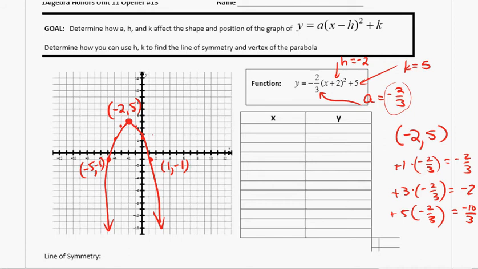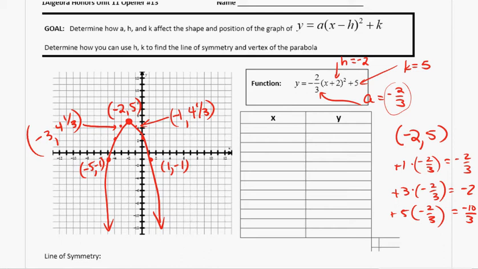And then I had another point in here, which was -1, comma, and then 2/3 less than 5, which is 4 1/3. And this point right here would be -3, 4 1/3. So generally I'll ask for 5 points, sometimes 7, but those are sufficient to then say you know the pattern.